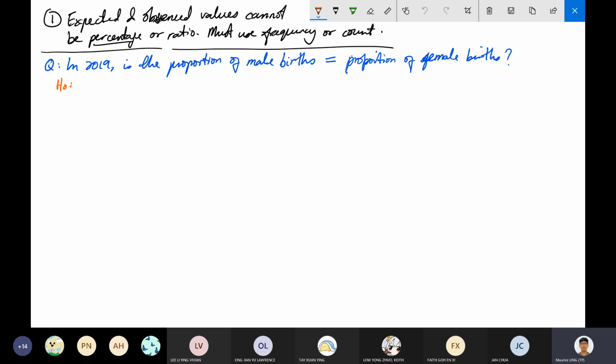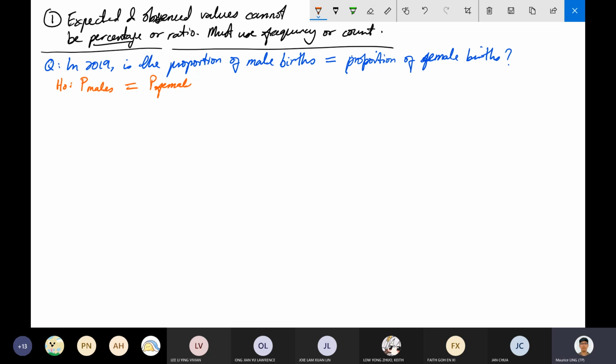I think that is equal. So the question is, in 2019, is the proportion of male births equal to the proportion of female births? So based on this question, how do you construct the null hypothesis? I think it's equal. Okay, so the null hypothesis is the proportion of male births equals the proportion of female births.